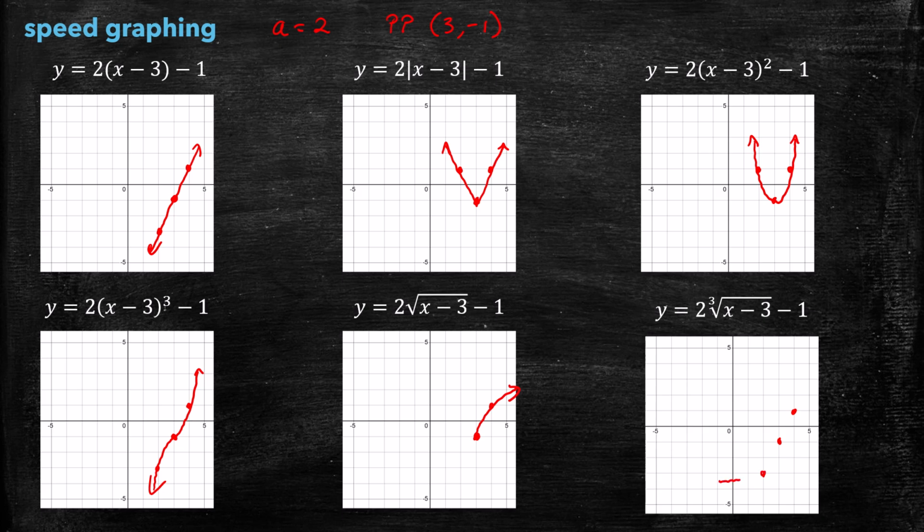And now I've just got to remember to do the squiggle like this. So there you go, speed graphing. If you only need three points to work with, then that's great. Your teacher may ask you for more detail like y and x intercepts, but this is a great first start.